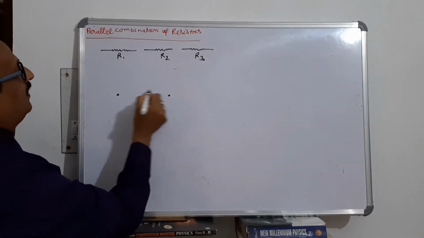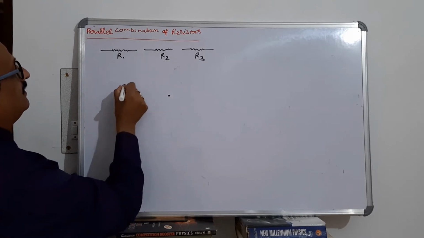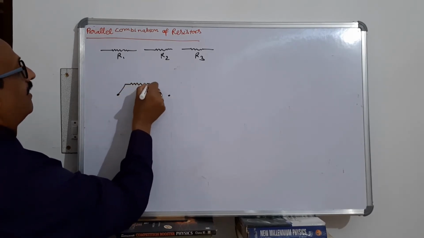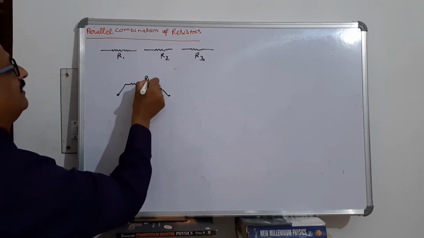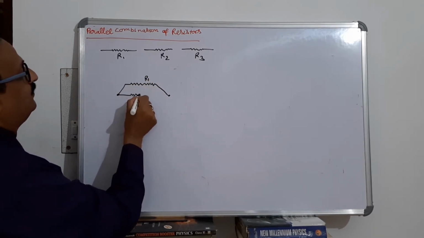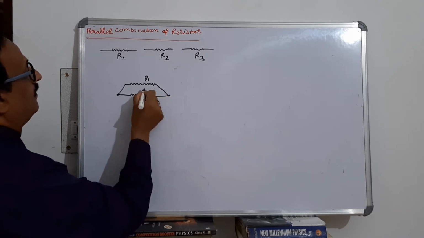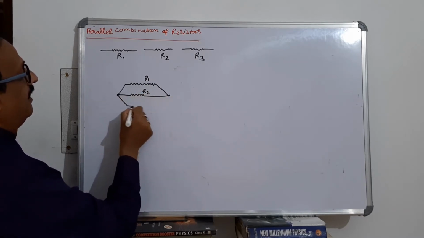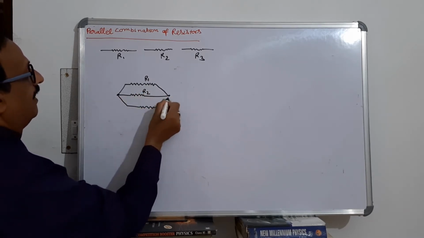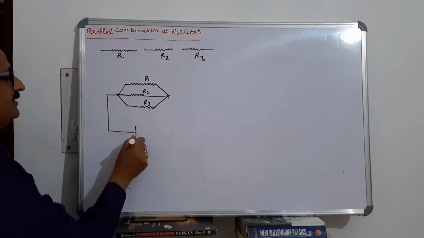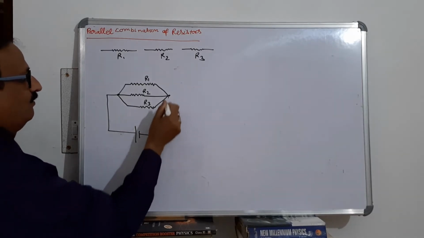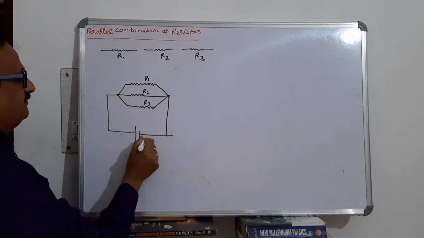These two are common points. R1, then R2, then R3. All these are connected in parallel, and this combination is connected across an external cell whose terminal potential is V.